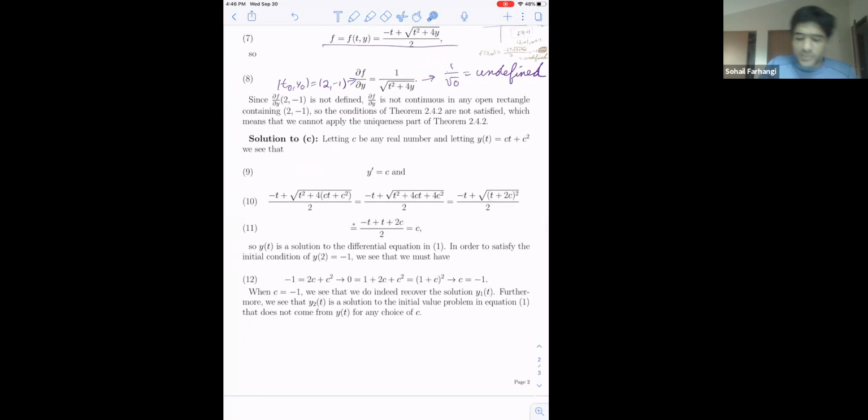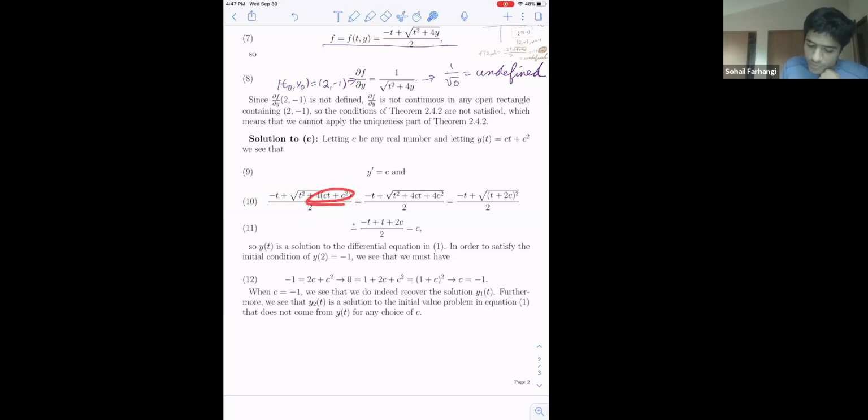So again, we just kind of have to do the calculations. We see that if y of t is ct plus c squared, then taking a derivative will kill the c squared and turn the ct into c. And then once again, if I plug y of t into the right-hand side of our differential equation, then I get negative t plus the square root of t squared plus 4y, all divided by 2.